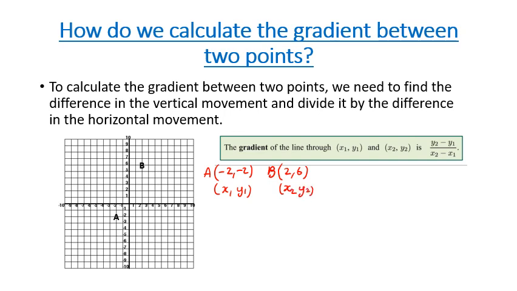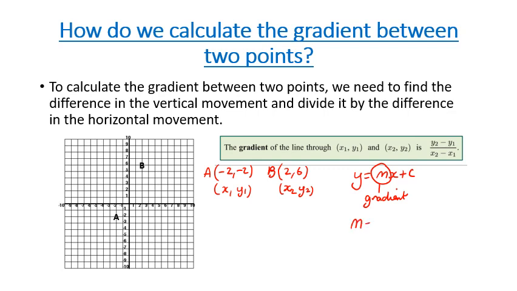So now we can find our slope, or our gradient. Now remember, the formula for a linear equation or a linear line is y equals mx plus c, where m is our gradient. If you didn't know that before, you do now.